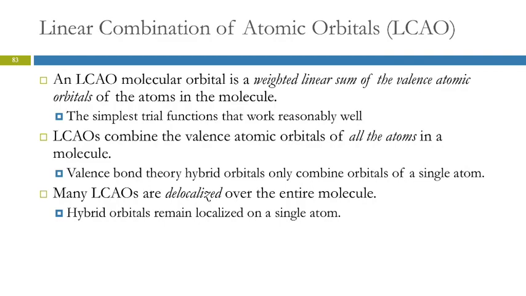So in valence bond theory, we had the hybrid orbitals on individual atoms. So we just looked at the central atom, and we took its atomic orbitals and we hybridized them. So this is kind of the same idea, but instead of hybridizing orbitals on a single atom, we're combining the valence orbitals for all the atoms in the molecule.